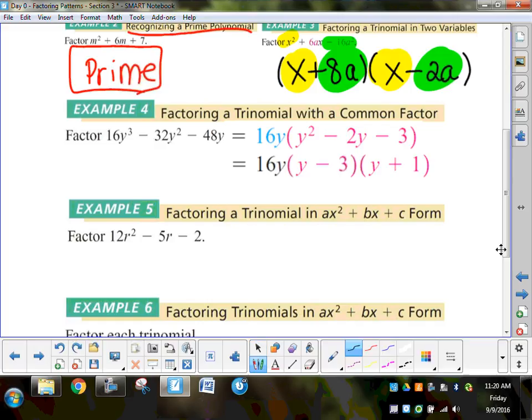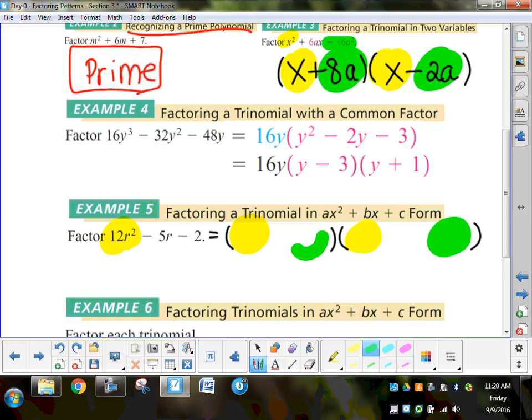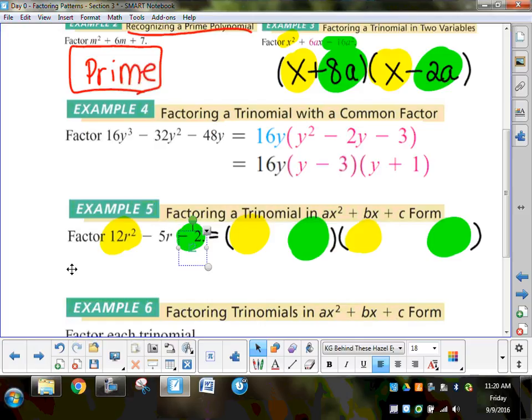So I'm going to break this down, and I know there's 2 sets of parentheses here. One of them in this yellow spot, I need to have numbers that are going to multiply to give me 12r squared. And then over here, in this second spot, which I'll have in green, that's got to multiply to give me -2. The problem is with that 12r. So I've got all of these candidates to go through and pick from. So one of them would be a 12r. Oh, I don't want that.